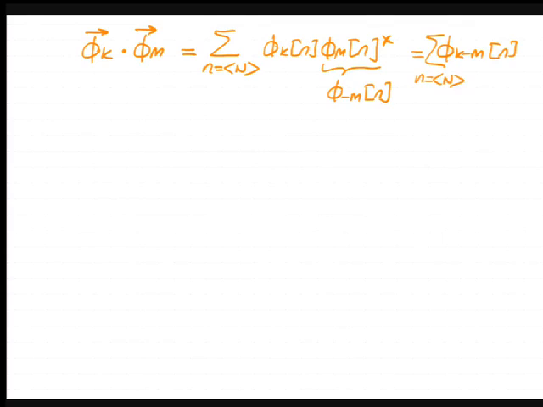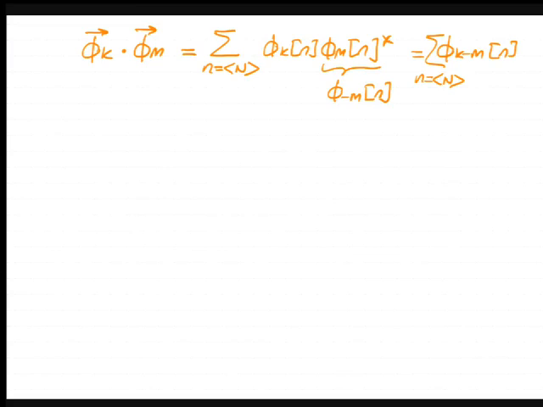But then, about this sum, we saw something interesting. Remember those arrows pointing in opposite directions? They add up to 0. Unless we're talking about phi sub 0 or phi sub n, right? Unless k and m are the same, modulo n, this is going to give you 0.